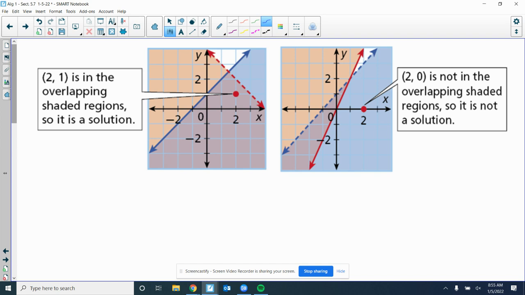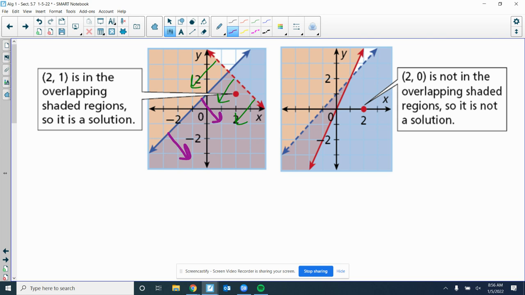Guys, here's what I was talking about. Okay, what we're going to learn today. If I look at this first one here, this red line here, I know we're shading on this side of that red line. Okay? And then on the blue line, the blue solid line, I'm shading down here below it.